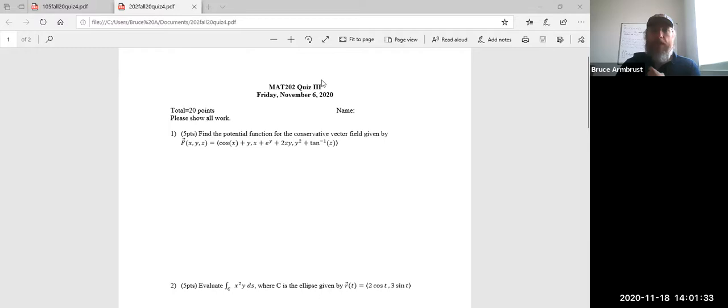For the P and the R, you need P sub z and R sub x. For the Q and the R, you need Q sub z and R sub y. You need to see that those are all equal to each other. Then once you know that they are equal, you can do your antiderivatives to find that potential function.